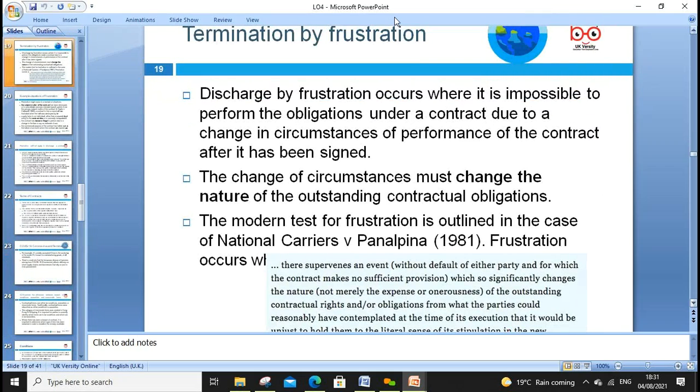These are all terms of frustration. Discharge by frustration occurs where it is impossible to perform the obligation under the contract due to a change in circumstances after it has been signed, such as with a fixed rate mortgage. It is always written that maybe we will not provide you this rate for the next 5-10 years.